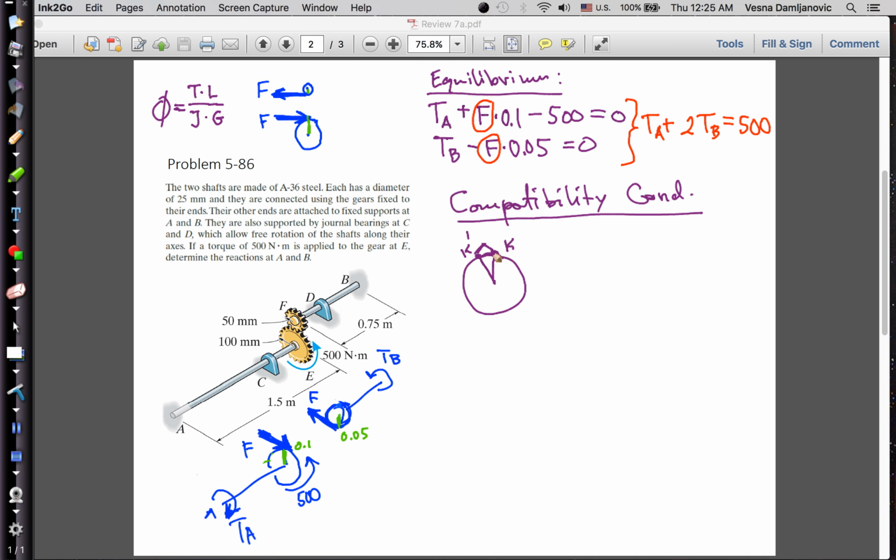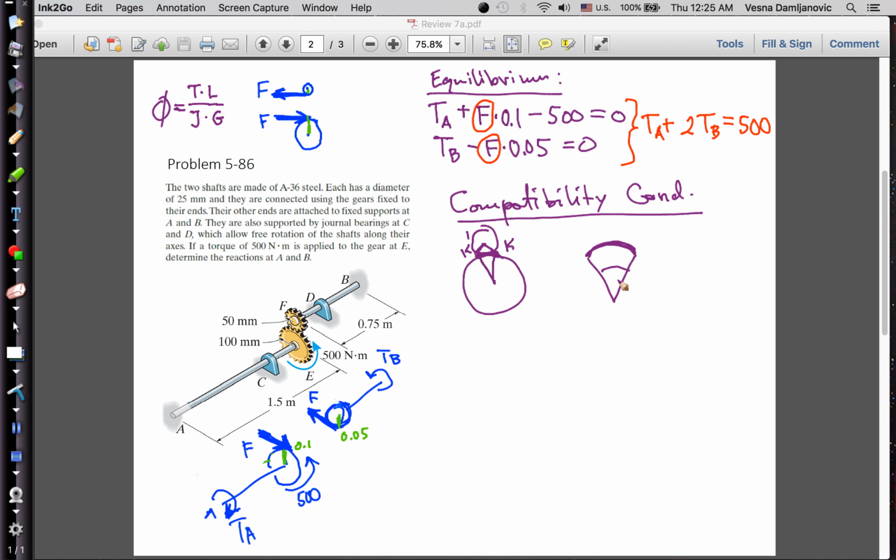So in this case, the compatibility doesn't talk about the angles of the big circle and the little circle. It talks about the path. And how do we calculate the path, what's this arc equal to?